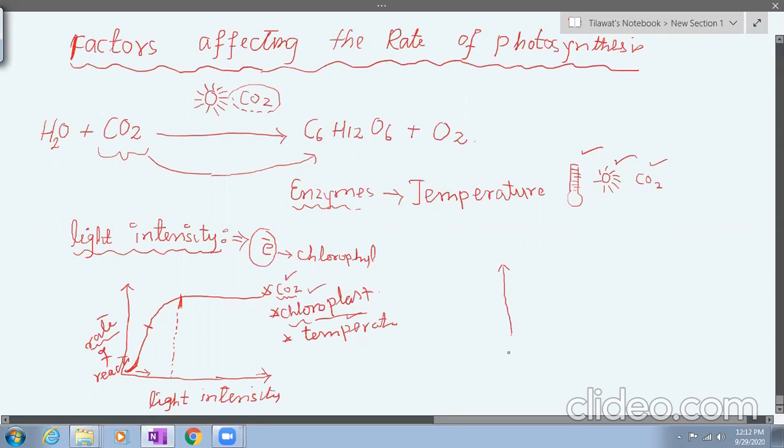Now I am considering carbon dioxide concentration, CO2. This is another factor for photosynthesis. On one side, carbon dioxide concentration, and this is the rate of reaction.